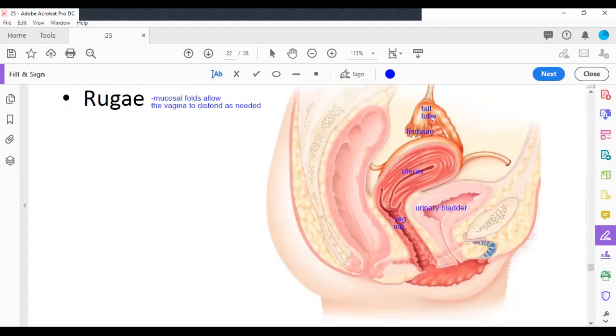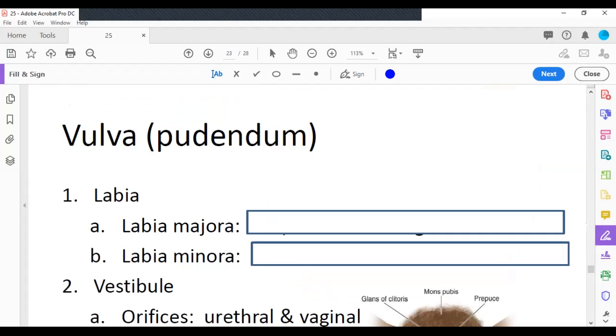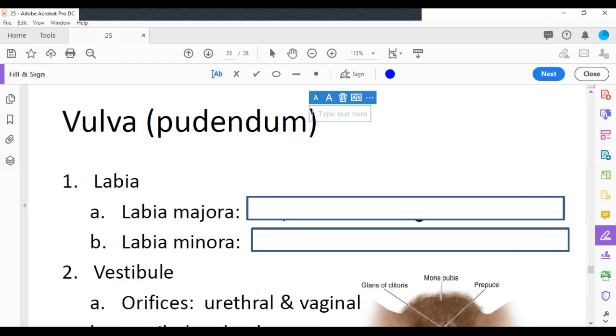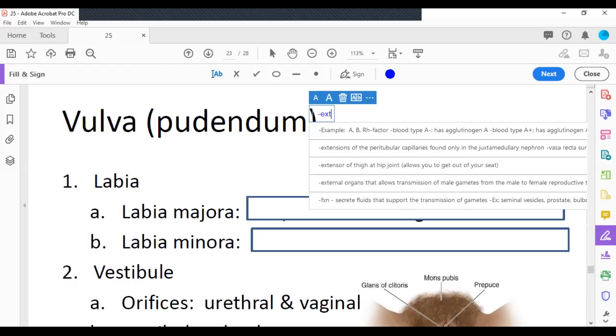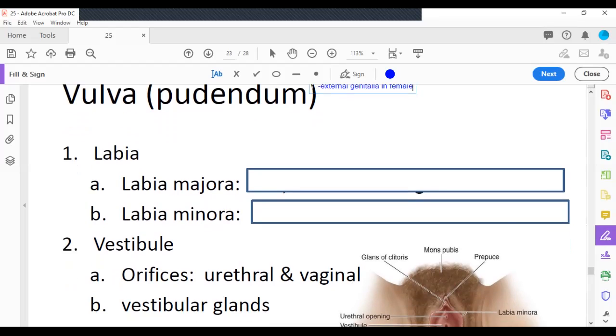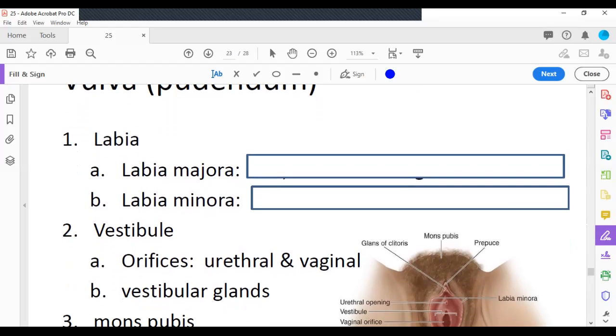Good, let's move on to the next slide. Now the vulva or the pudendum is known as the external genitalia in females. Let's begin with what we see from the outside, the labia majora and minora.